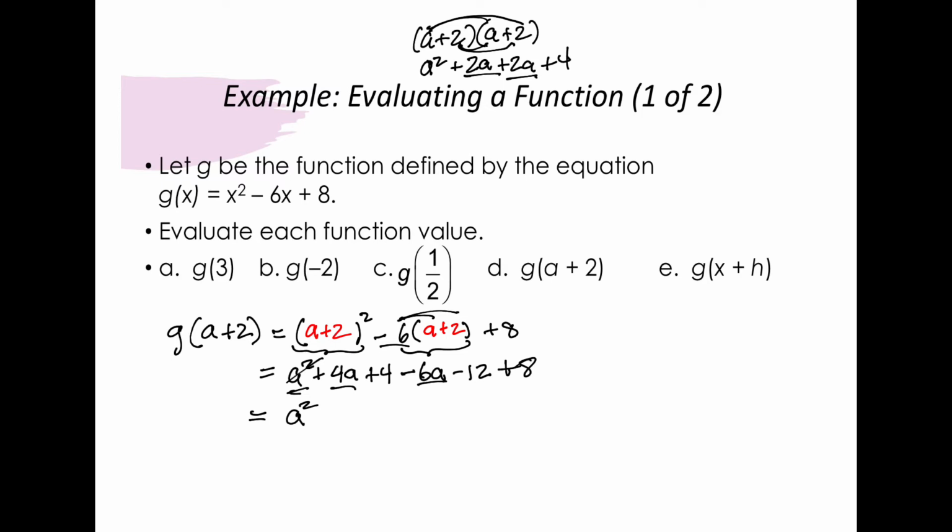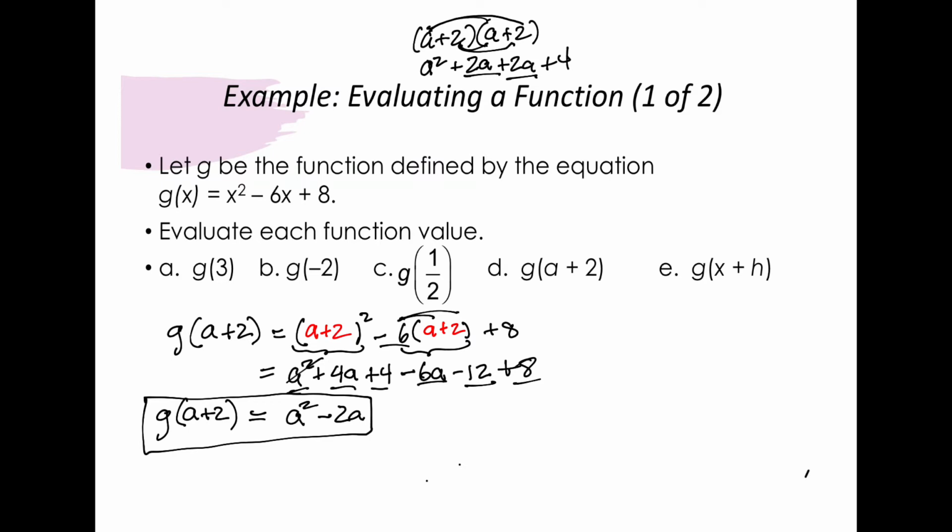So 4 minus 6 is negative 2a. And then we have 4, negative 12. Positive 4 and negative 12 give me negative 8. And then negative 8 plus positive 8 is 0. And so that leaves me with 0 constant numbers by themselves. So this, in fact, is my output of a plus 2.